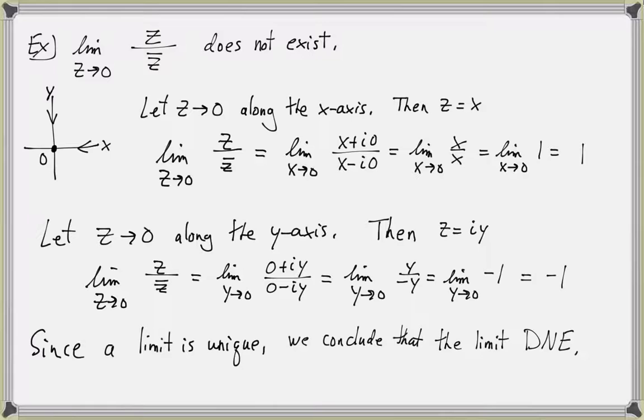DNE for does not exist. So it's important to consider limits along any possible path or any possible direction when determining if a limit exists for complex functions.